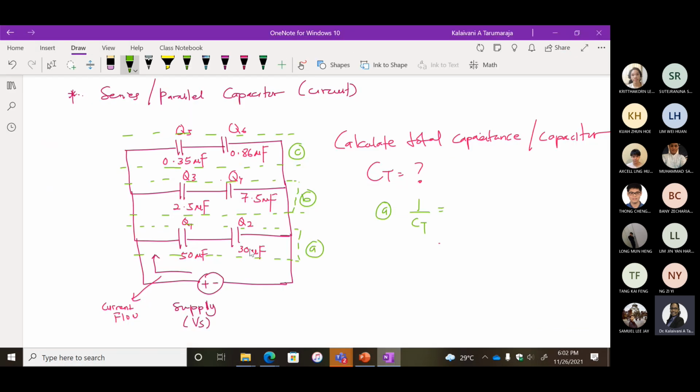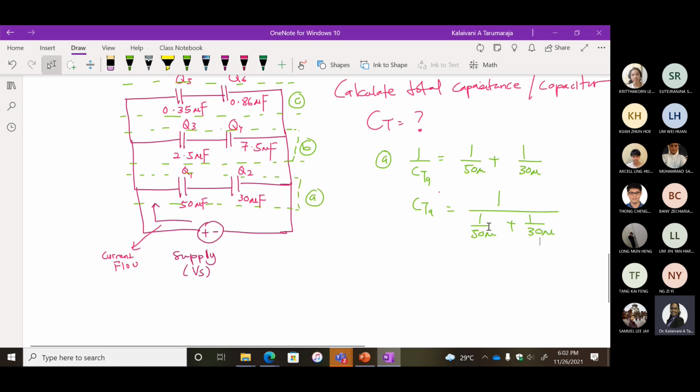Based on A, you need 1 over 50 micro plus 1 over 30 micro. Remember, you want to find the total for A. So for the total for A, you do 50 micro plus 30 micro capacitance in series, and you will get one answer.